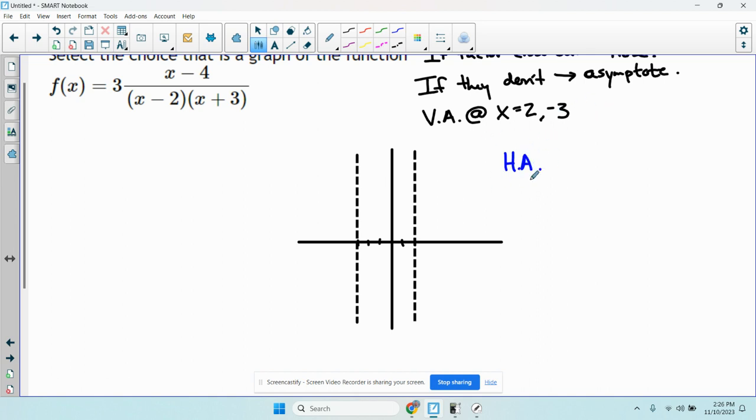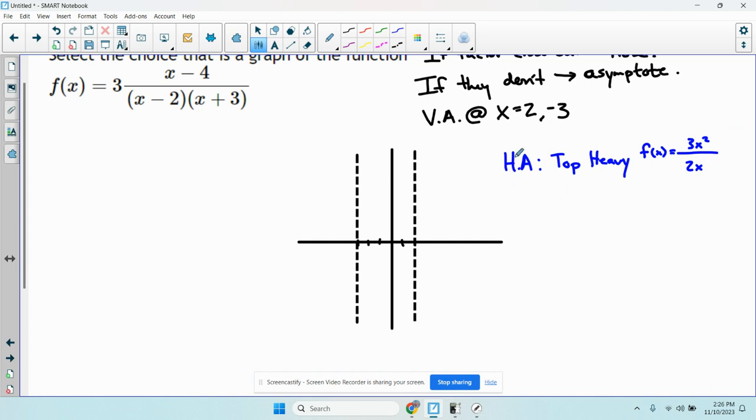You can determine the horizontal asymptotes by looking at the degrees of the numerator and the denominator. So if the degree of the numerator was greater, if there was more x's being multiplied up top, we call that top heavy. The degree is higher on the top. An example of this would be f of x equals 3x squared over 2x.